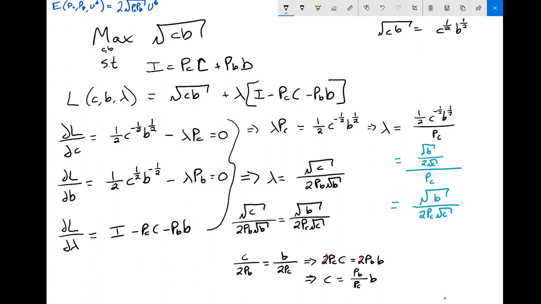With this, I'm going to take this c and plug it back into the budget constraint, and then I'll use that to derive my B star. So let's do that here. PC cancels out.